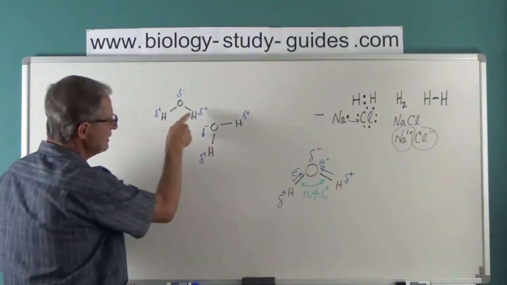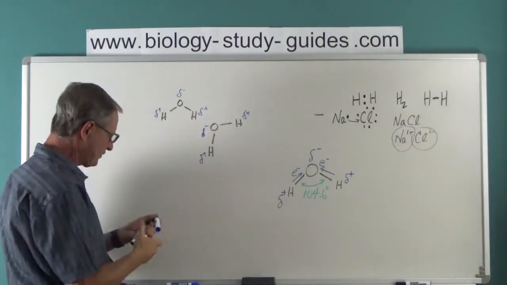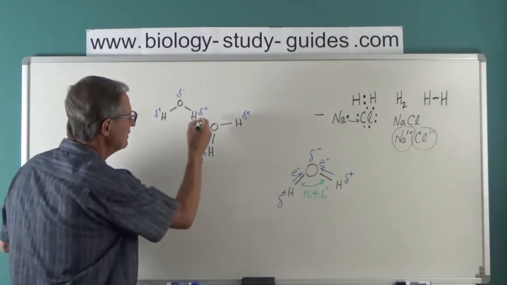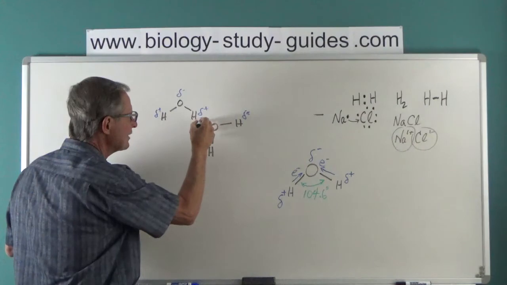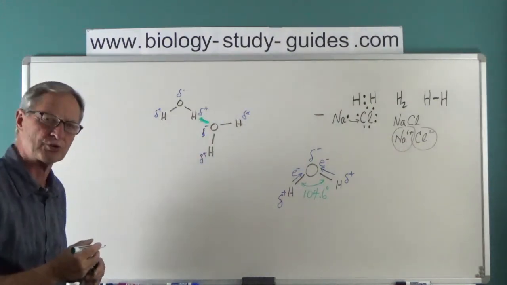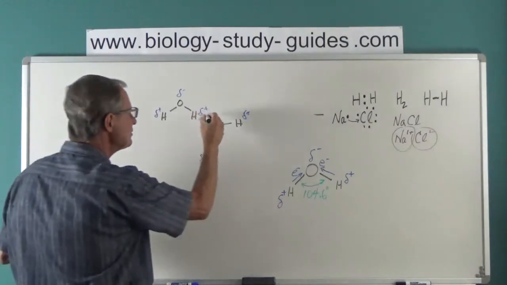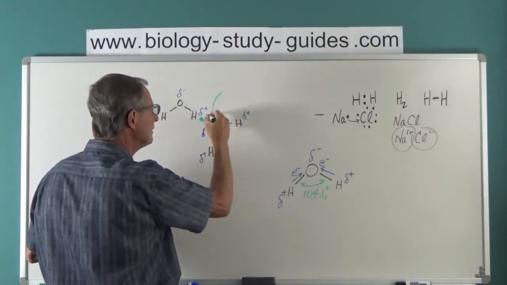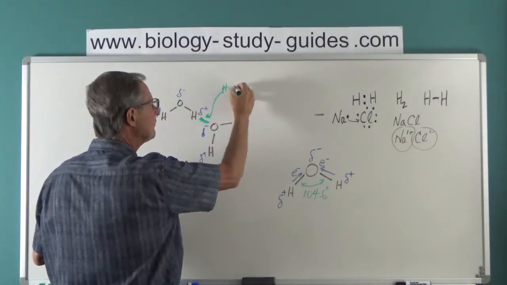This attraction, because these dipoles are opposite, is sort of held together by a weak bond, an association between opposite dipoles. Opposites attract. This is called a hydrogen bond.